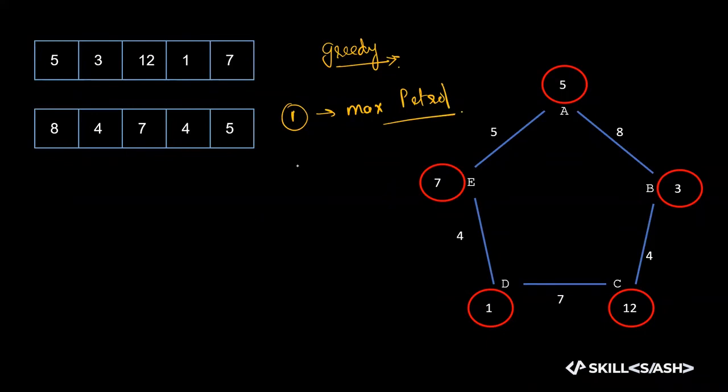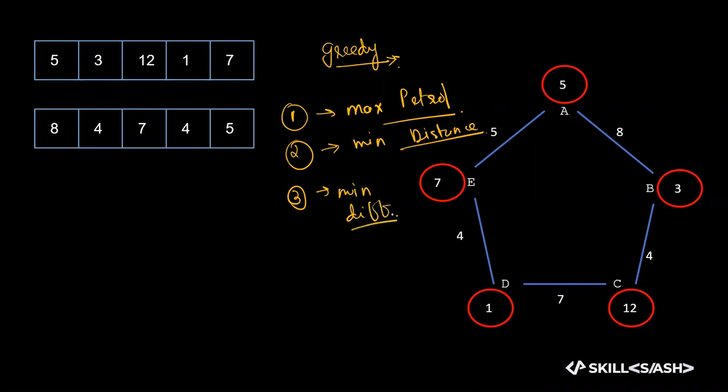Second greedy approach, what we can think about is the minimum petrol, that is minimum distance, yes. Okay. In this also we can think. That is the second thing. Third thing, min difference. That is also a way.